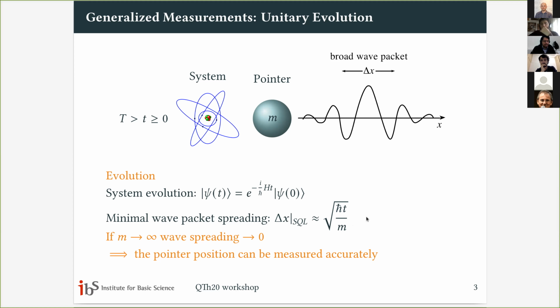And basically your pointer will have the same spread as it initially had, which means you can get the same precision that your experimentalist initially built the pointer with. So typically, from a theoretical perspective, one takes this mass to be really very large, not technically infinite, but large enough that the precision of the pointer is maintained.